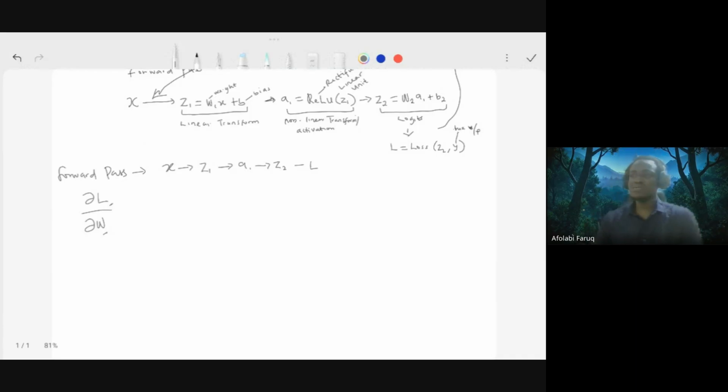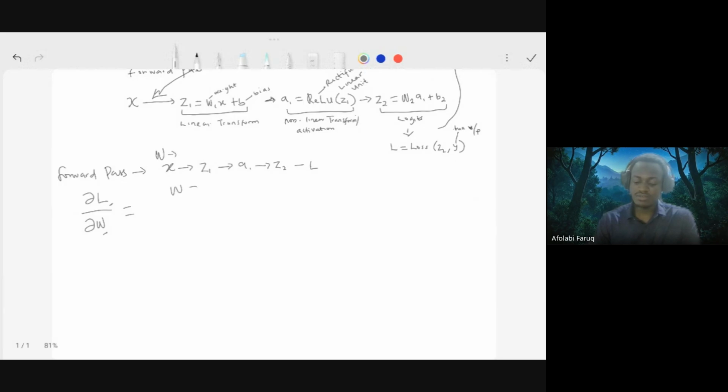And for us to be able to do that, okay, we are going to say the dL/dW equals, don't forget that our forward pass is x. So I'm going to call this W now.